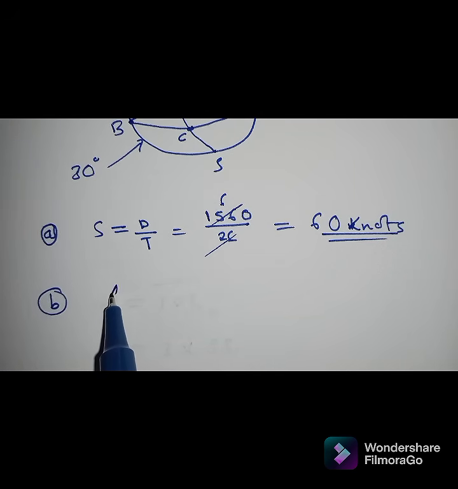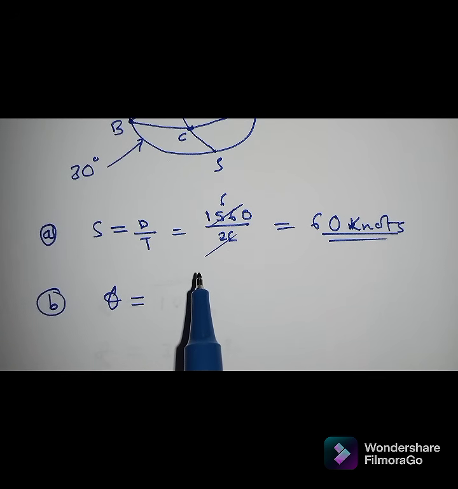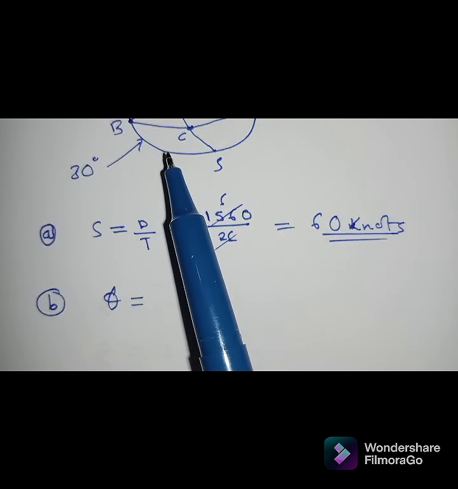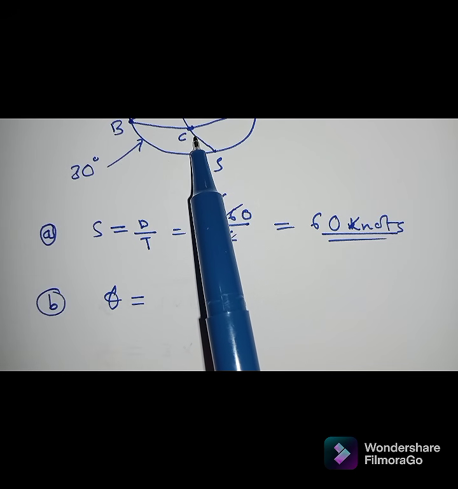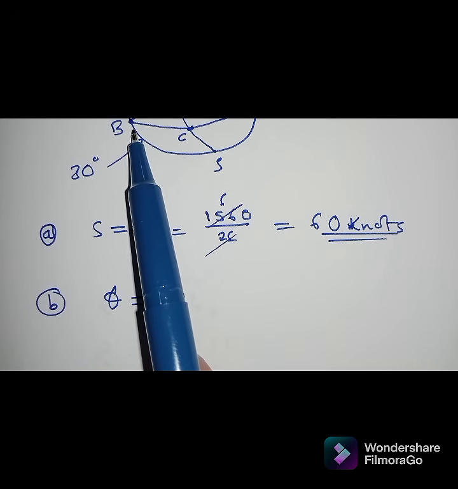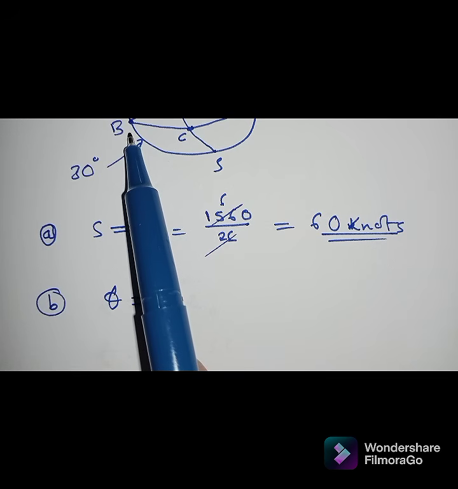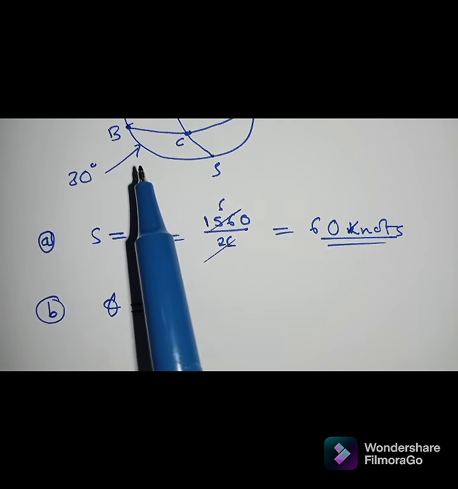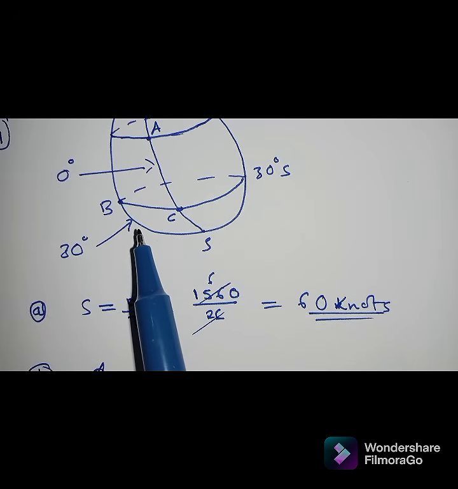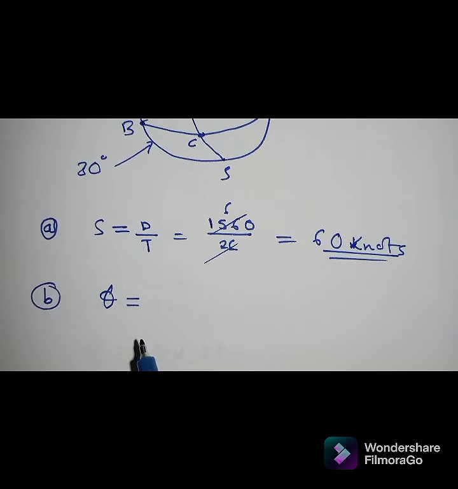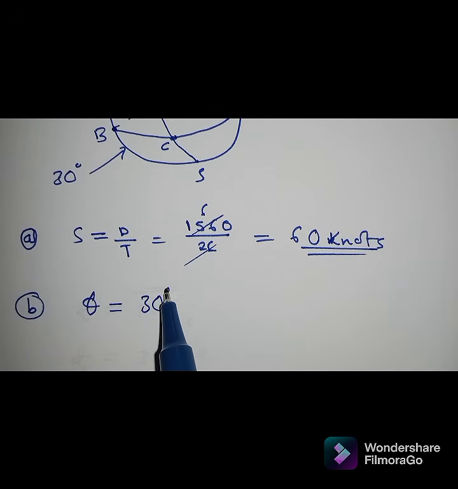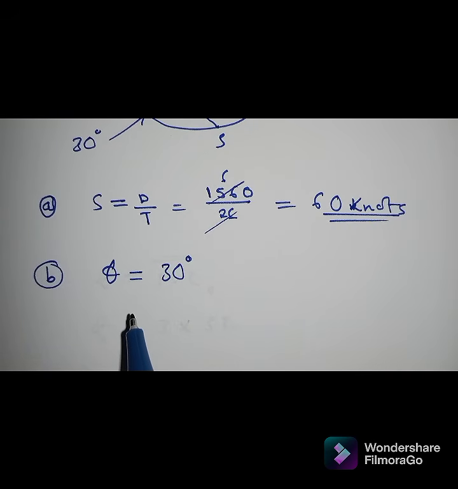The first thing would be to find theta, which is the difference in longitude. This is 0 degrees and this is 30 degrees. Same sides we subtract, different sides we add. In this case, since this is 0 and this is 30, we just get 30 degrees.